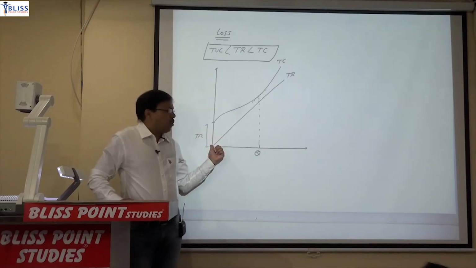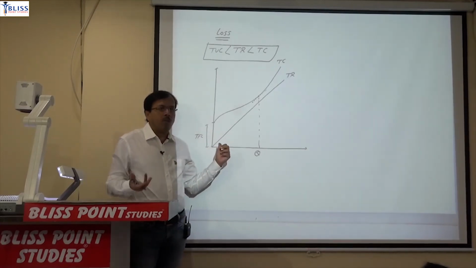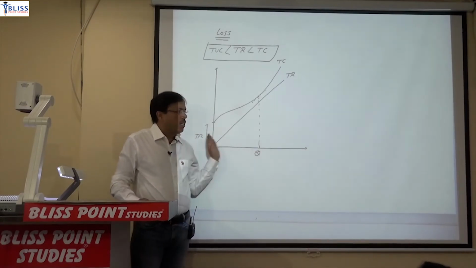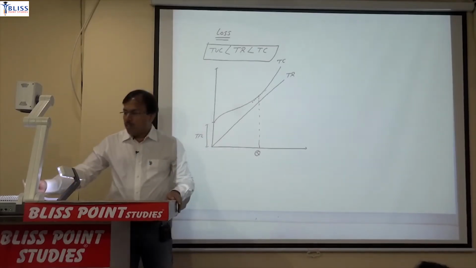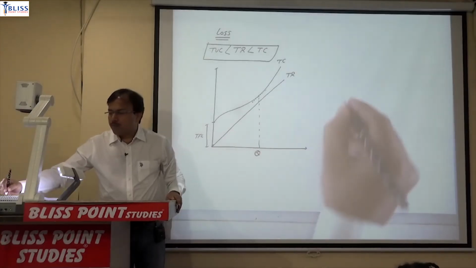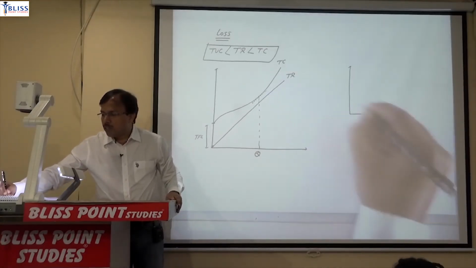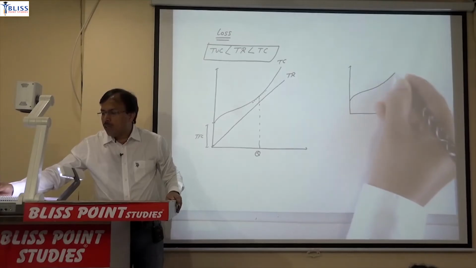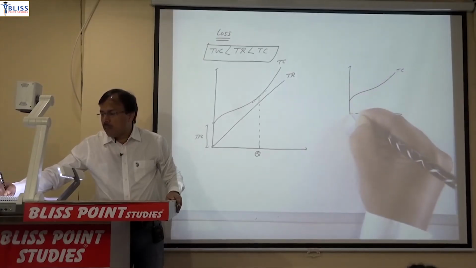Variable cost will start from origin because it depends upon quantity. So if there is no production, there will be no variable cost. So starting from origin and parallel to this total cost line, simply draw this. यह टोटल कॉस्ट की लाइन है, वेरिएबल कॉस्ट इसके पैरेलल चलेगा.